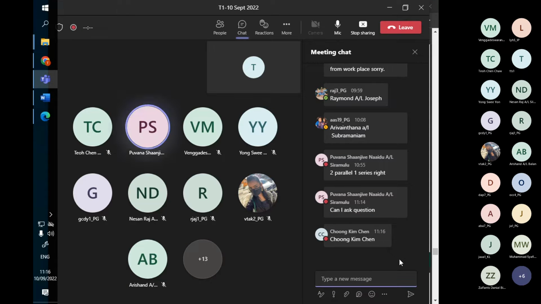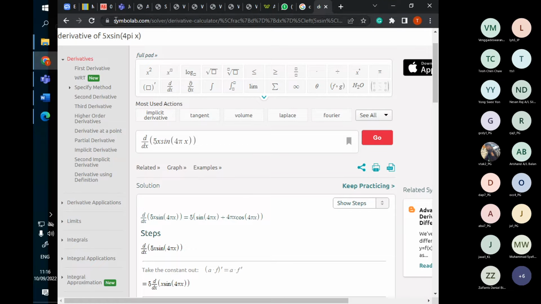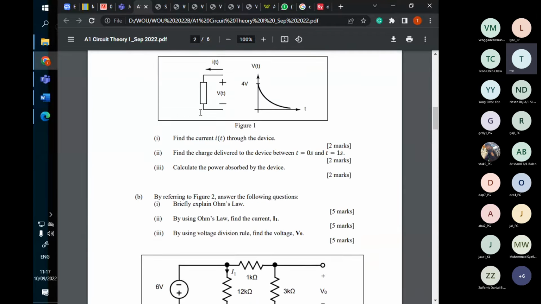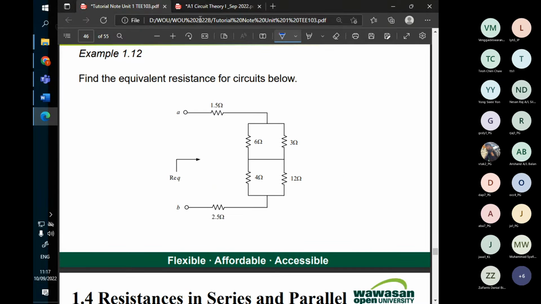Actually, I want to ask about the negative I you showed just now. Can I see the question, please? You mean the assignment question? No, the slide.